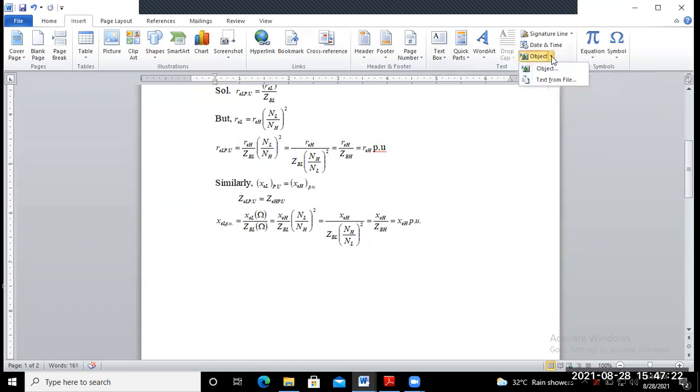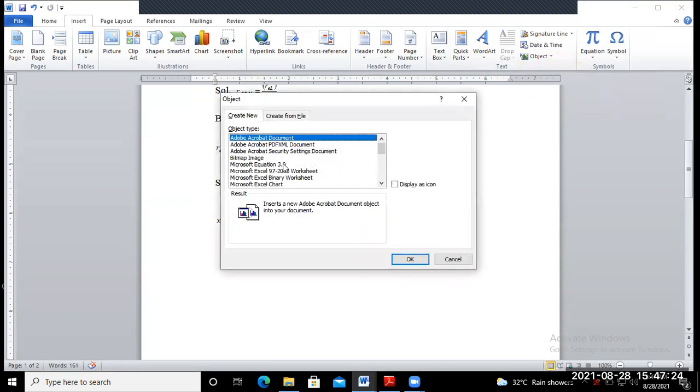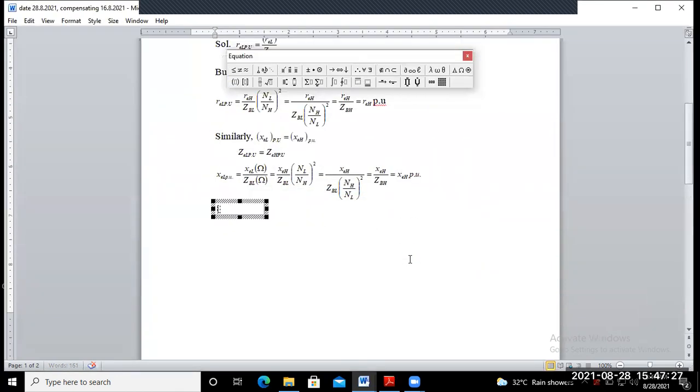So ZEL in per unit equals ZEL in ohm divided by the base value ZBL, that means the low voltage side.